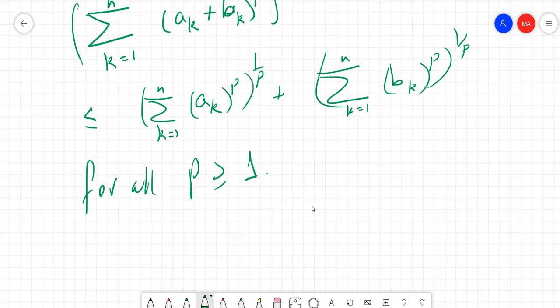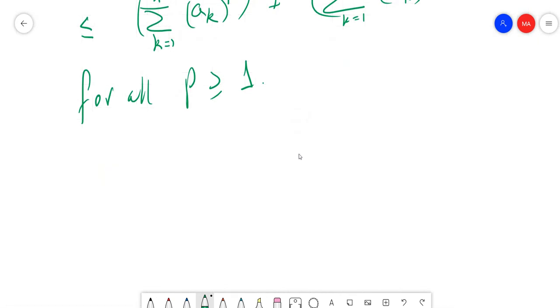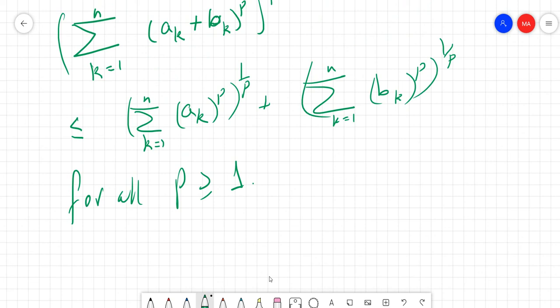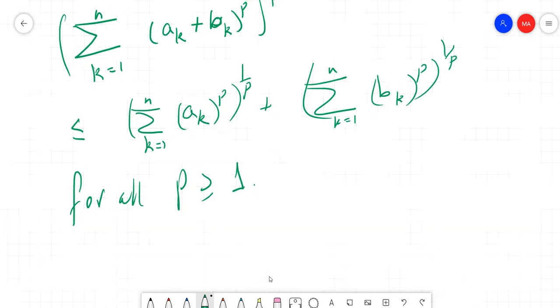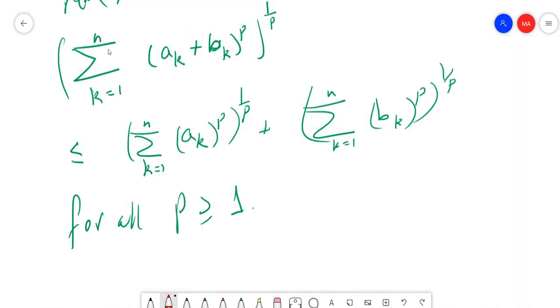This is for any p greater than or equal to 1. In our case, we need n to be 2.